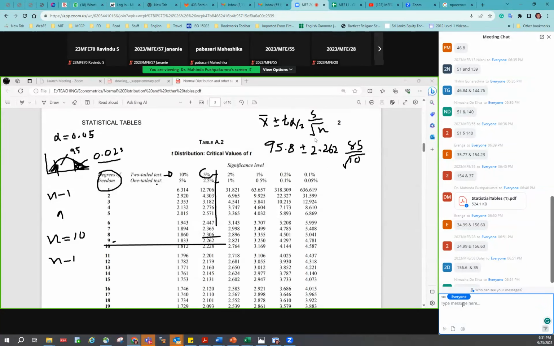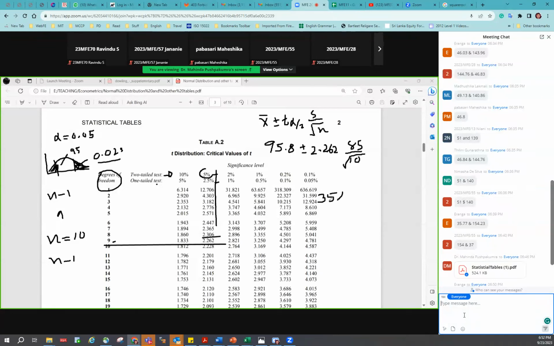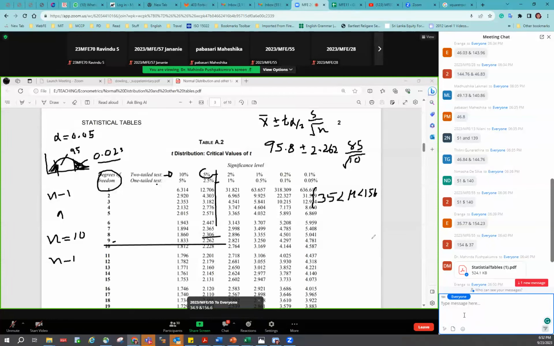Then according to these calculations, we can see the lower limit is 35 and the upper limit is 156. Then you can say, I am 95% confident the population mean is between these two values.